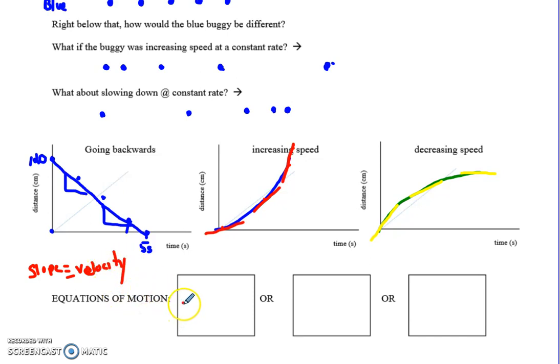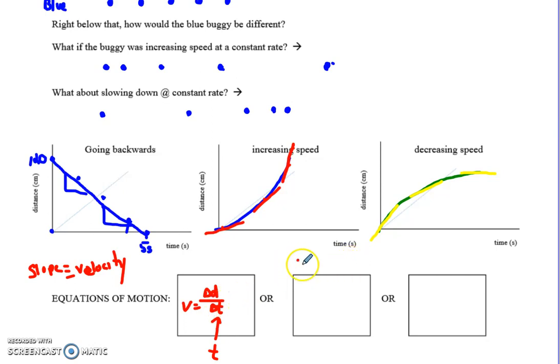So the slope represents a change in distance over a change in time. Okay, and generally we drop this delta because we have an initial time of 0. So generally you'll see this in your reference tables, that even though it is a change in time, it's implied, and generally we'll just write it as t. So it's a change in distance over a change in time, so that's our definition of our slope.